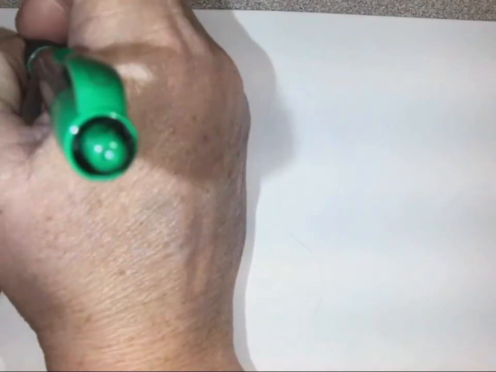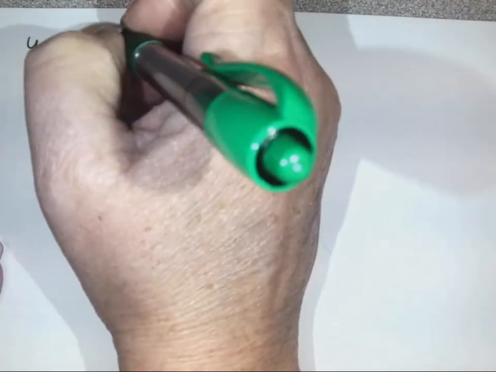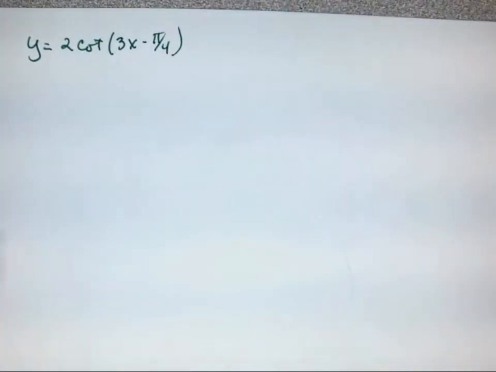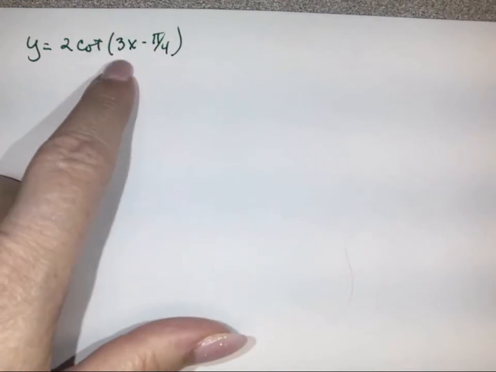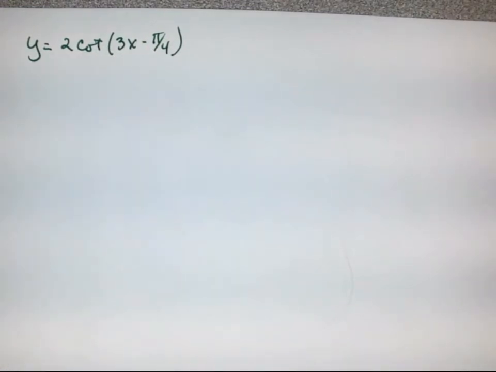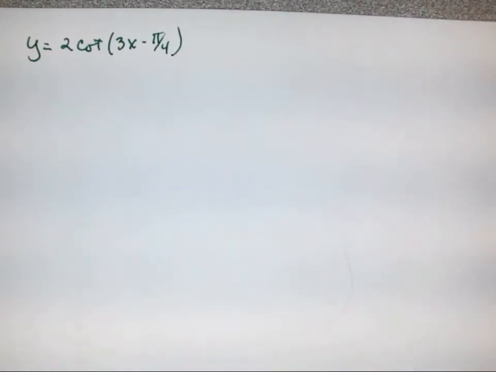All right, our next one we're going to look at will be y is equal to 2 times the cotangent of 3x minus pi over 4. Now, we're going to need to factor out the 3, because remember, it has to be with just an x. So I need this pi over 4 to get a value where I can factor out a 3.